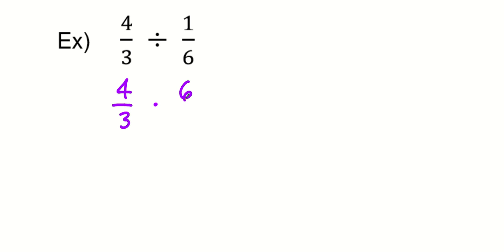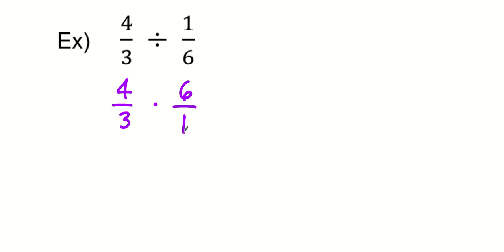So the reciprocal of 1/6, to get more used to the official lingo, is basically what you have when you flip it, and it's 6 over 1. So multiplying by 6 over 1 is equivalent to dividing by 1/6. So multiply by its reciprocal. Leave, change, flip. And now that it's multiplying by a fraction, we can multiply across.